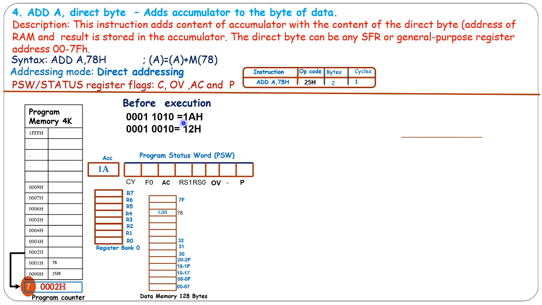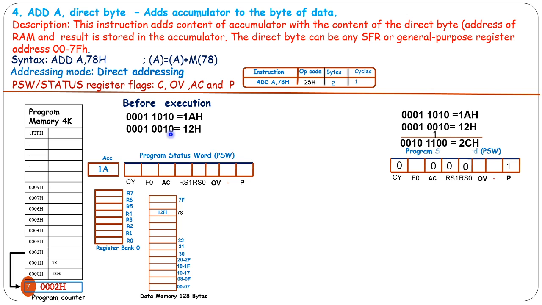So before execution, this is the content of the accumulator in binary format, and this is the content of the 78H memory location, 12H, in binary format. When it is executed, after execution, it is like this: 0 plus 0 will be 0, 1 plus 1 will be 0 and carry 1, 0 plus 0 plus 1 will be 1, and this is 1.